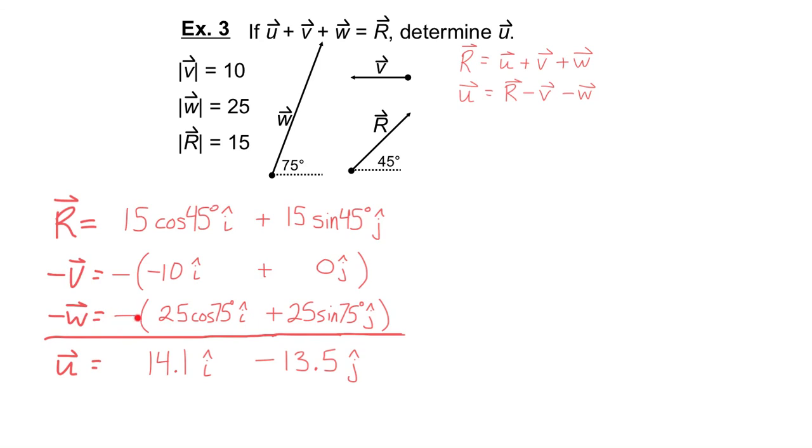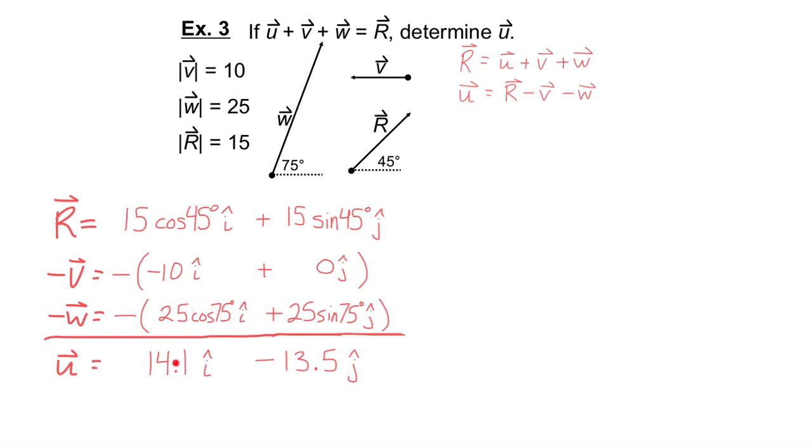Minus w, we've got a minus in front, x and y for w, well, it goes to the right and up, so x is positive and y is positive as well. Now when I add these together, 15 cos 45, then minus 10, the double negative, so I'm plus 10, and then minus 25 cos 75.